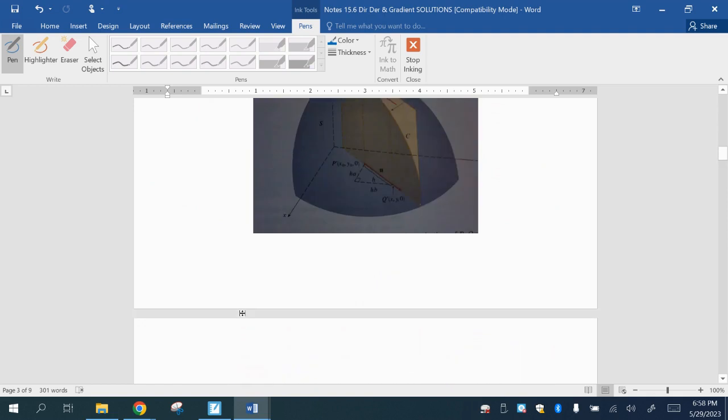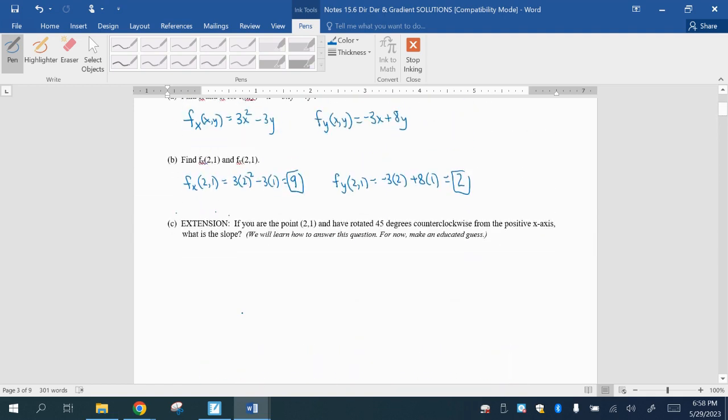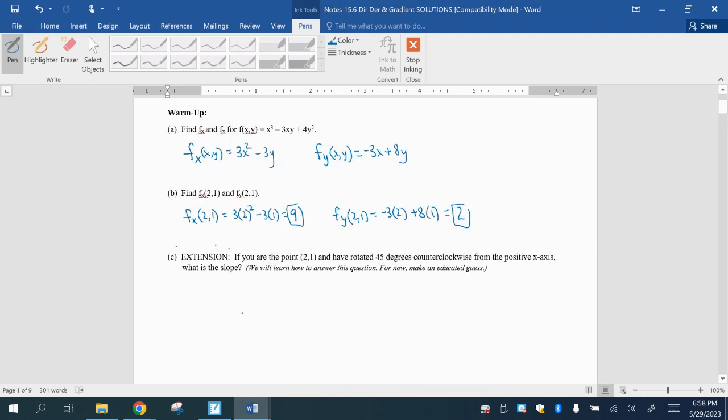Let's go back to our warm-up and we can answer this question now. Let's write in the definition of the directional derivative of our function. That is the partial with respect to x of xy times cosine of theta plus the partial with respect to y of xy times sine of theta.